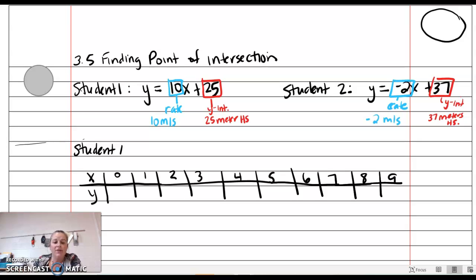All right, so if this person has 0 seconds, this person has a head start of 25. So I'm going to put a 25 in here. And then every second after that, we go 10 more meters. So then it'd be 35. 10 more would be 45. 10 more would be 55. Up to 115.